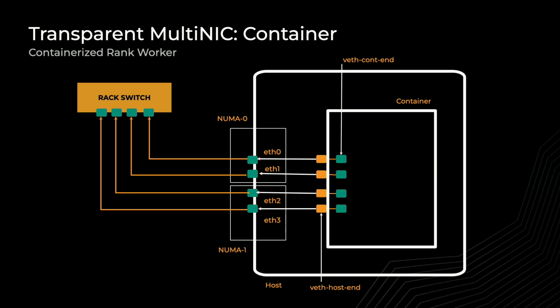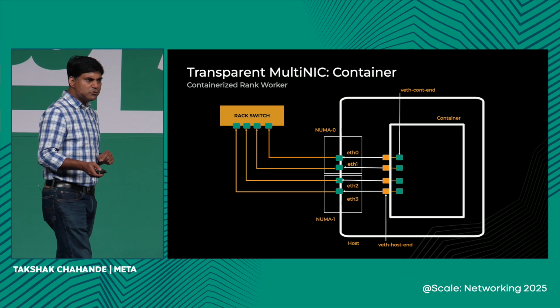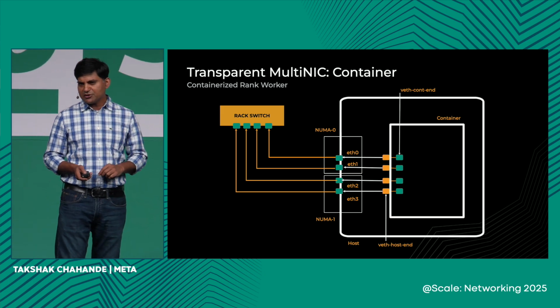And these containers are network separated. It means that the container's network is different than the physical network. So we have to make sure that the container also has exposure to the physical NICs inside it. We do this not using the standard virtual Ethernet driver.